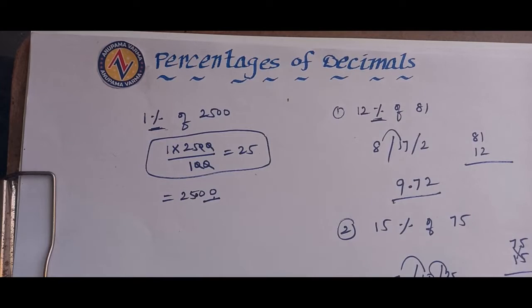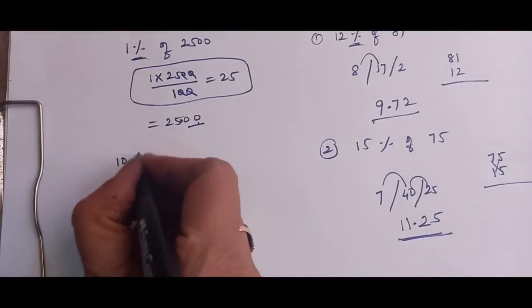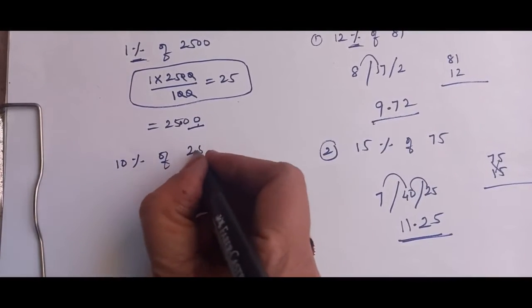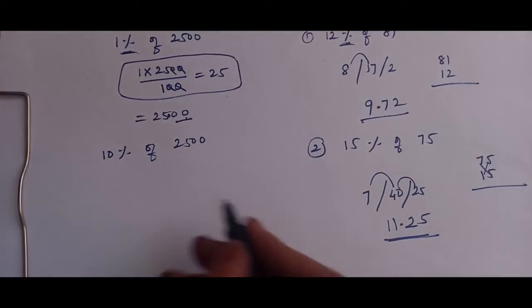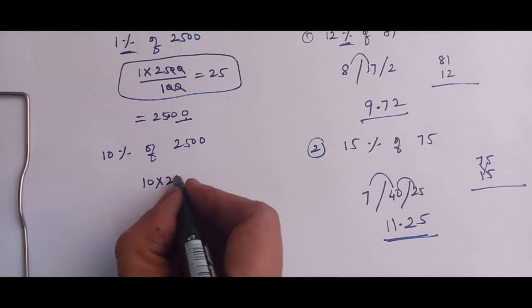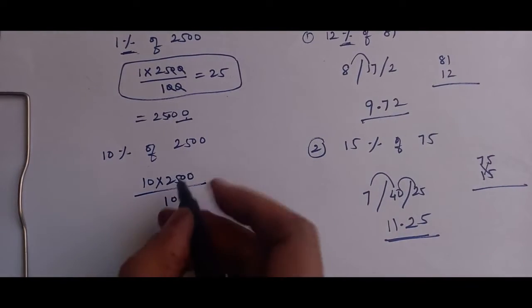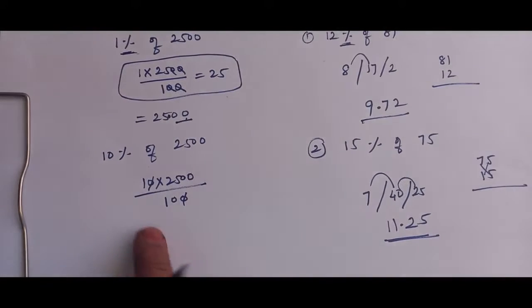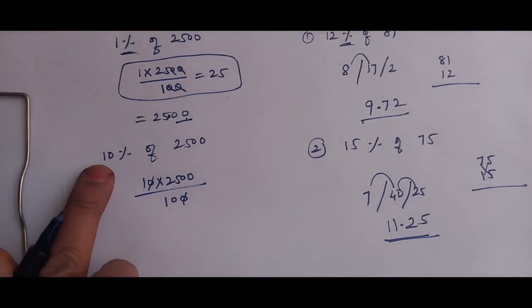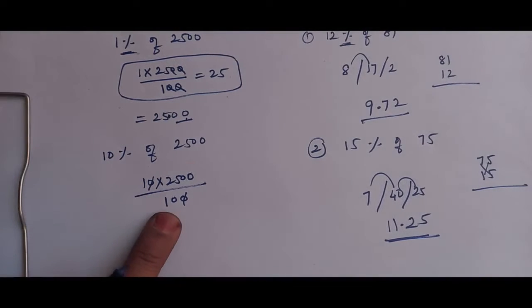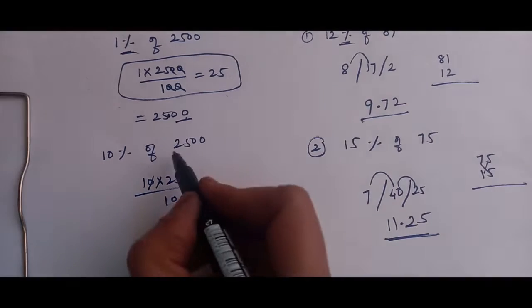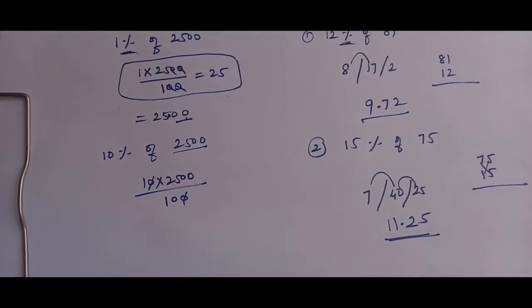Now 10% of 2500, right? So 10 into 2500 by 100. So 10 and 10 cancel. Now we are dividing with only 10, not with 100. See here, 10%, 10 by 100 into 2500. So 10 and 10 cancel. We are dividing this quantity by 10 only. That means we need to keep the decimal after one digit.